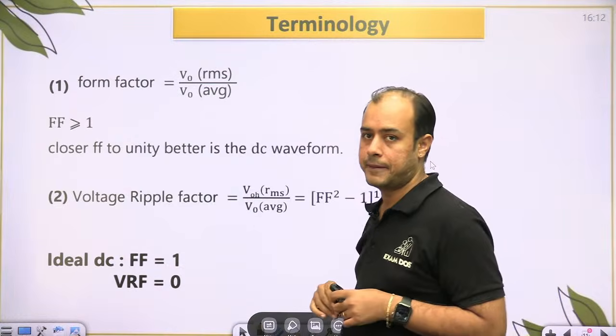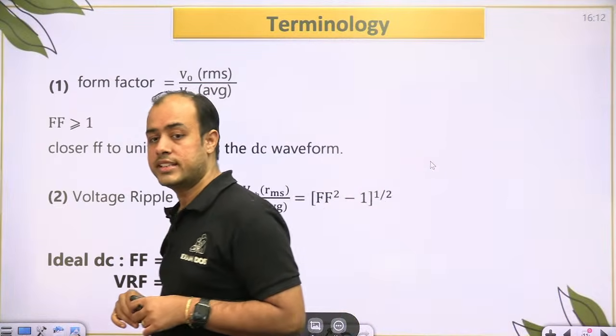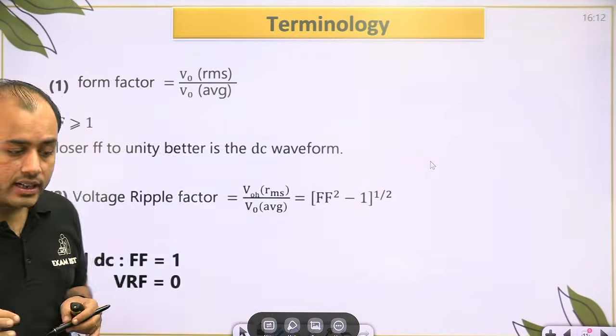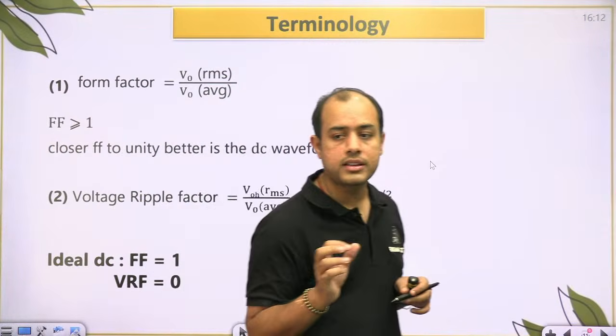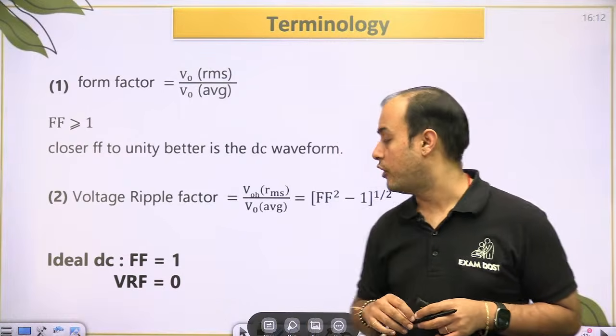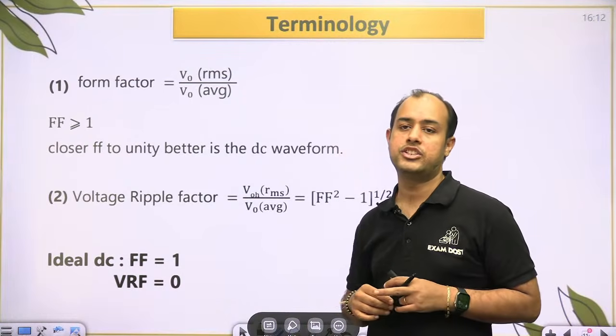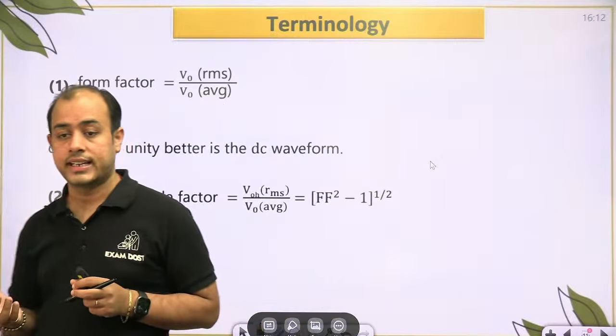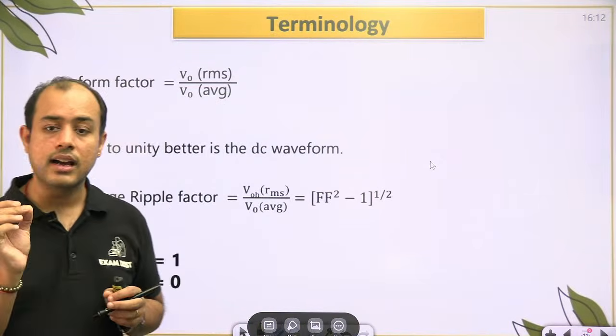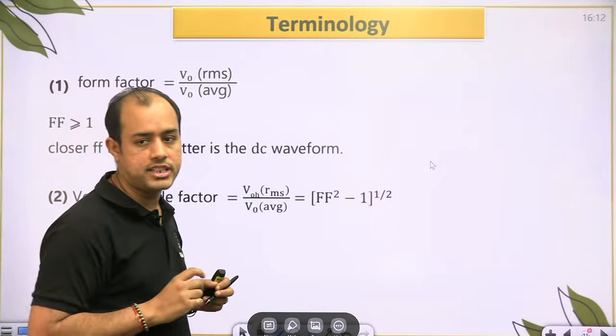But form factor is generally greater than 1. Now what is the voltage ripple factor? Ripple factor tells you the AC content or the harmonic content in the waveform divided by the average value. So basically, beta, on the DC side of the rectifier, we desire a constant or an average output.